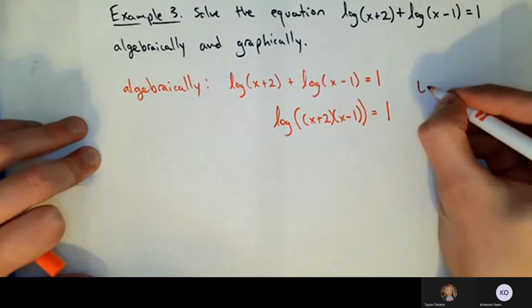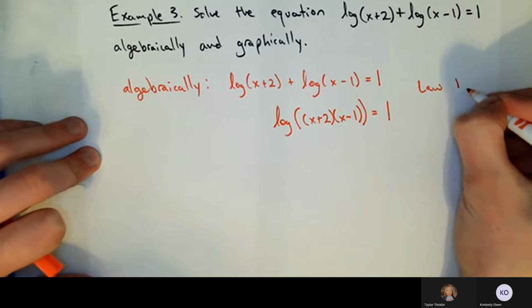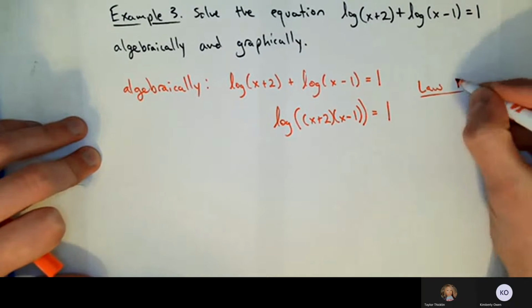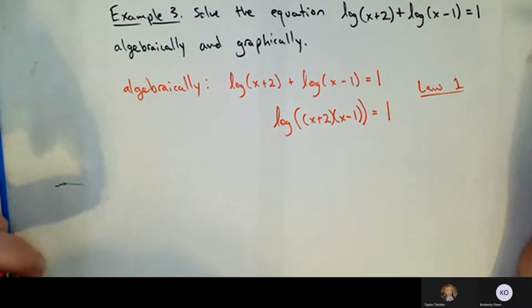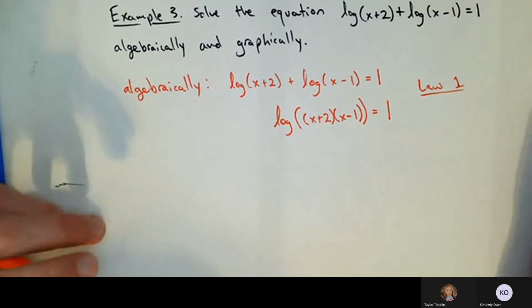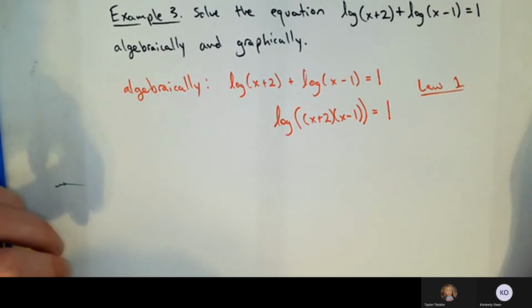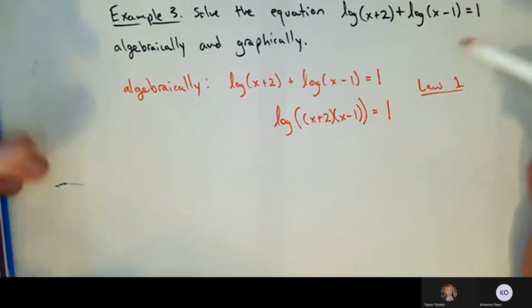Okay, so this is law, I believe, law 1. Yeah, law 1 from 4.4, which is also on the formula sheet that you're going to get on the final exam as well. And the formula is not hard, right? It's not hard to remember, but knowing when to use it, right? That's the tricky part. And knowing when to use, how do you know when to use it?